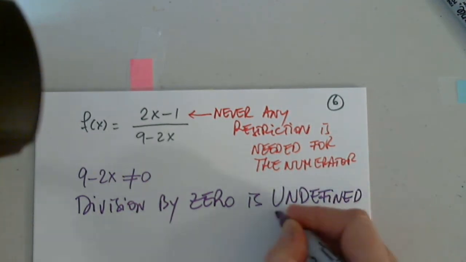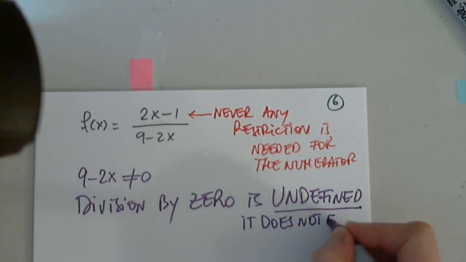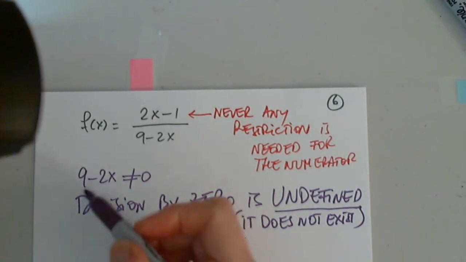This is a fancy word that really means it does not exist. But instead of using 4 words, we like to use just one: undefined. But that's what it means. It does not exist. So then how do I solve this?